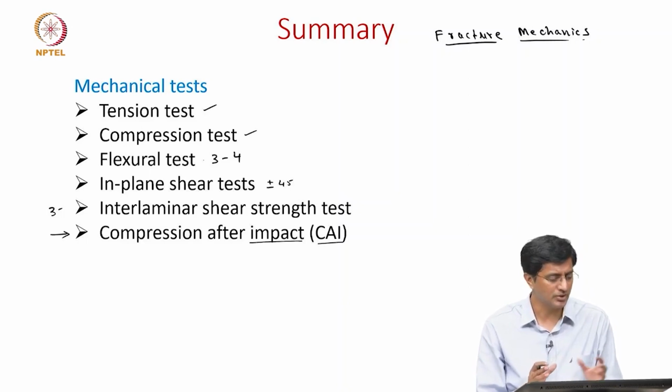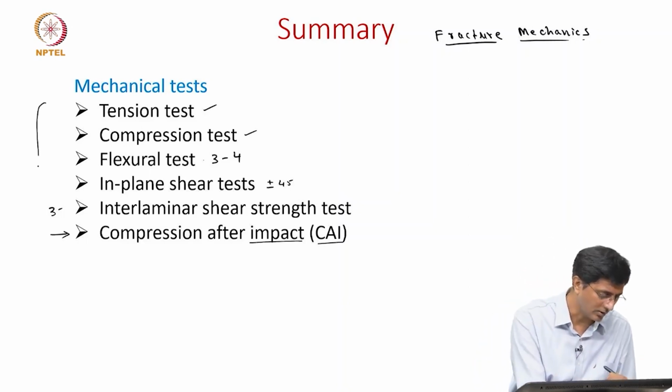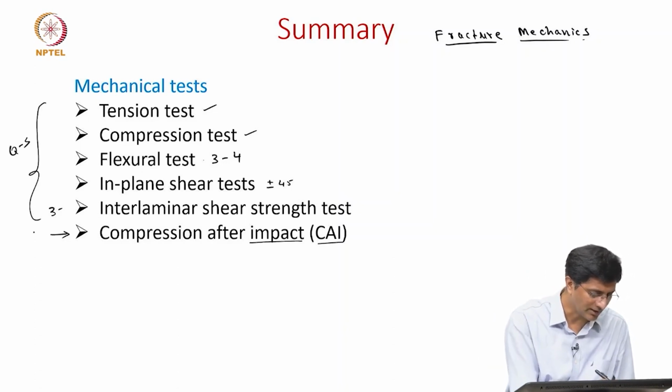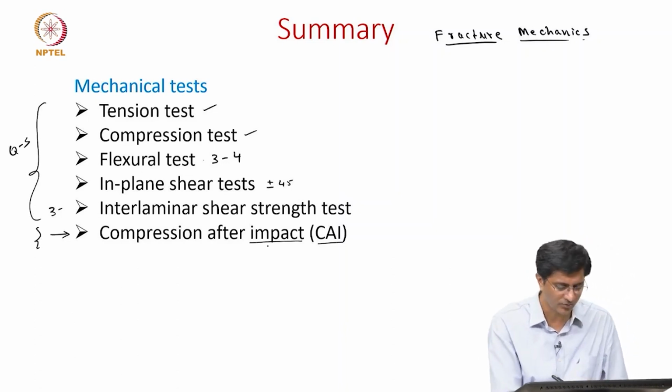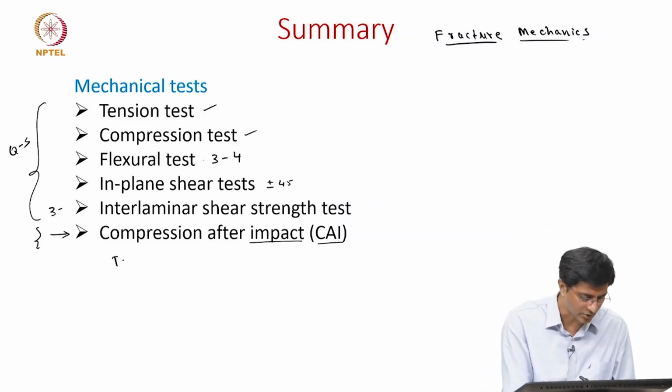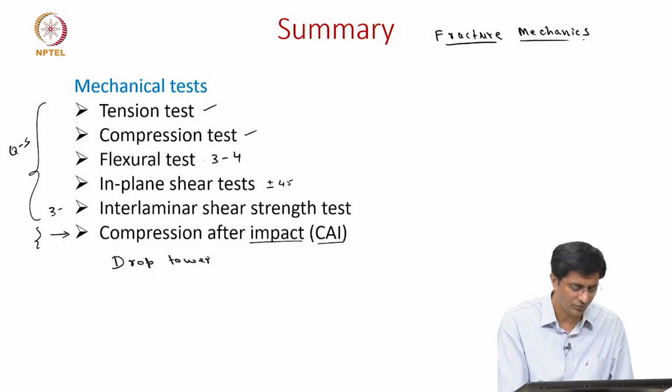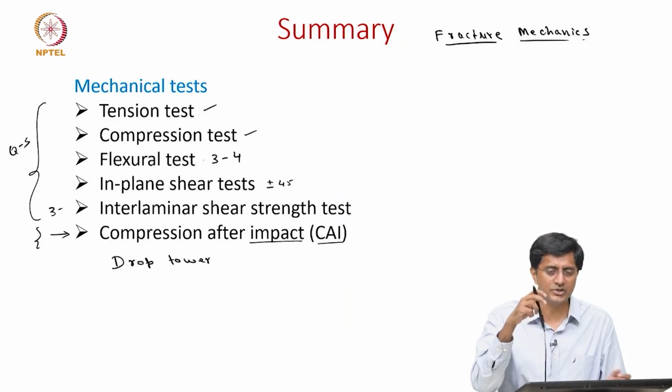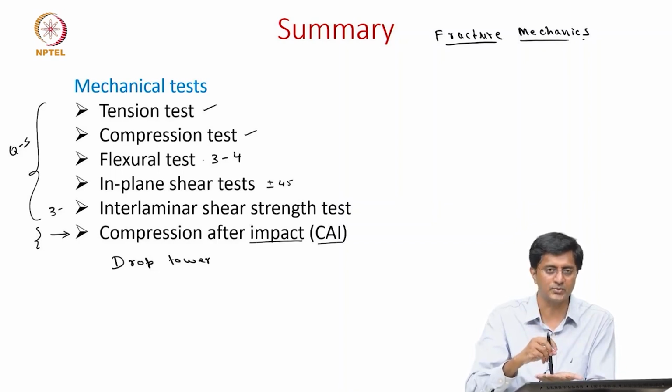In addition to this, we have limited our studies here: most of the initial ones are all quasi-static loads, and the last one is a dynamic load, which is the impact load. There are other methods to apply dynamic loads, one of which is the drop tower, where we have an impactor which is falling on the specimen.